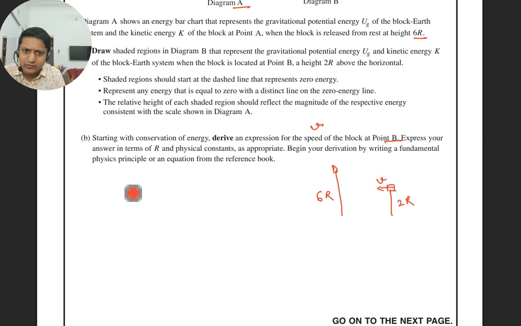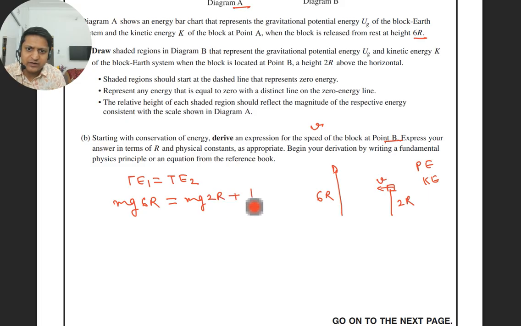Okay, so see, energy conservation says that total energy 1 will be equal to total energy 2. So here we have only potential energy, that is mgh. h is 6r. Here there will be two energies, potential energy and kinetic energy. Potential energy will be mg(2r) plus half mv squared, which is the kinetic energy.